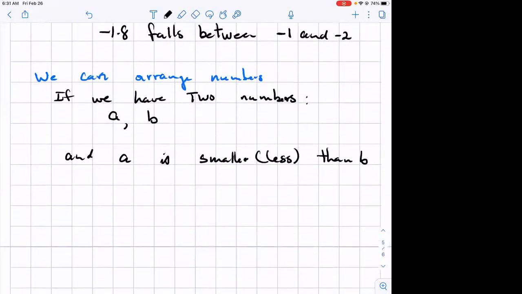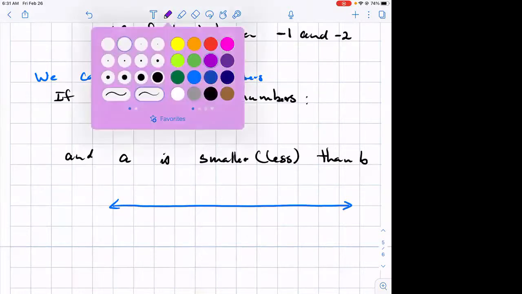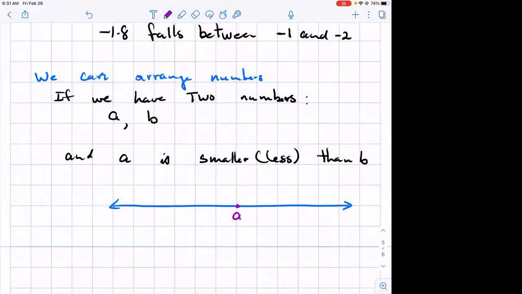So if I put this on a number line, right? Here's my number line. I know A is smaller than B. So on the number line, I am expecting A to be first, followed by some B. And notice that the smaller number is always more to the left.